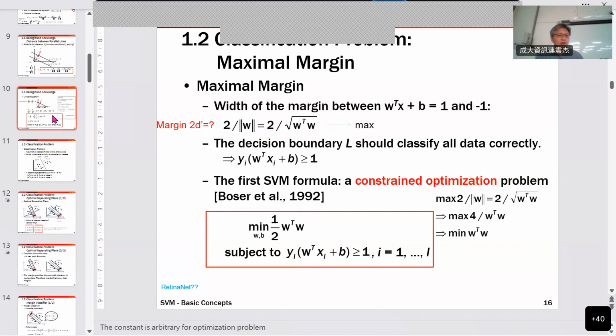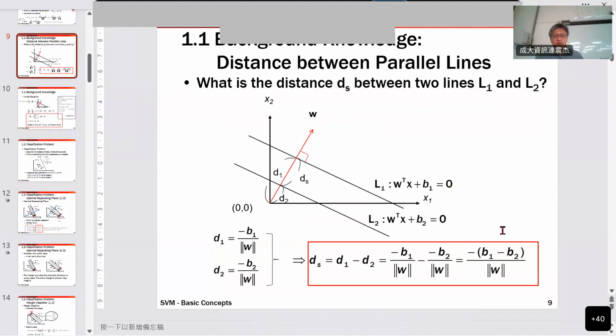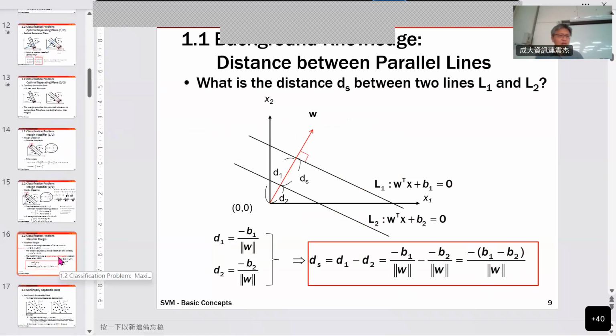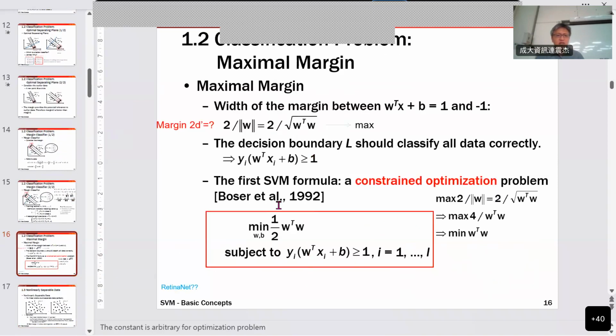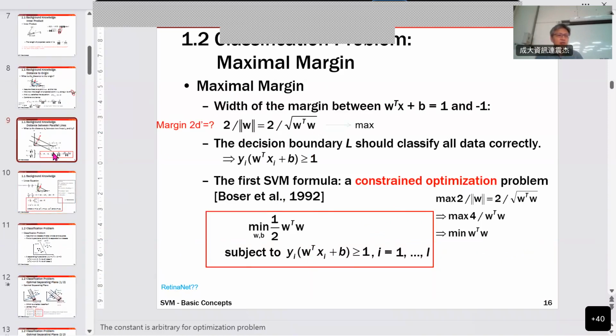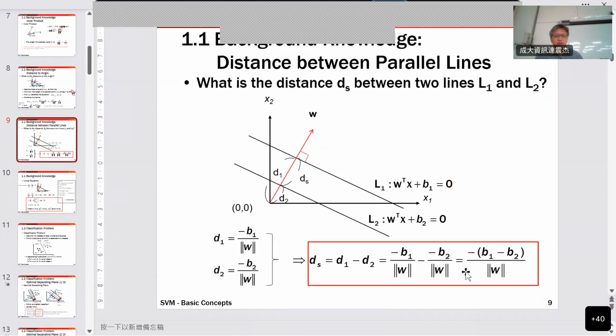We'll continue to talk about this one, but this time we will continue to improve this term. So finally, the result is this one. The margin 2D is this one. So we go back to here and continue.